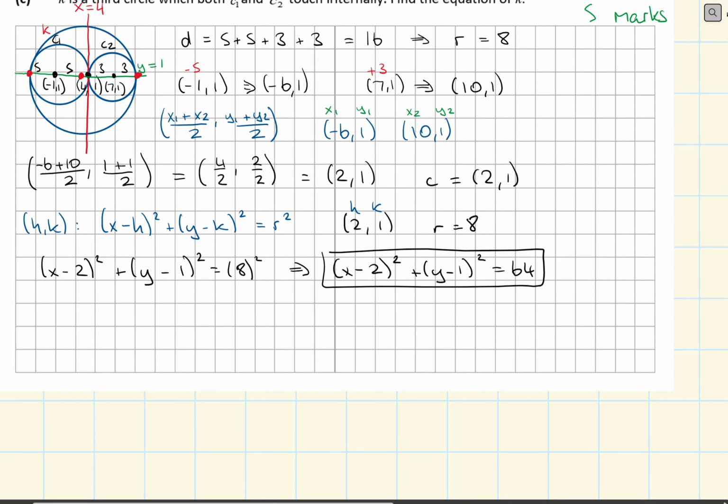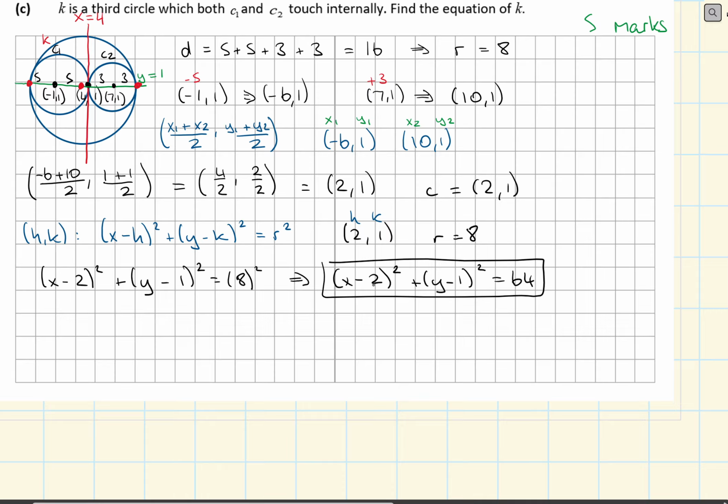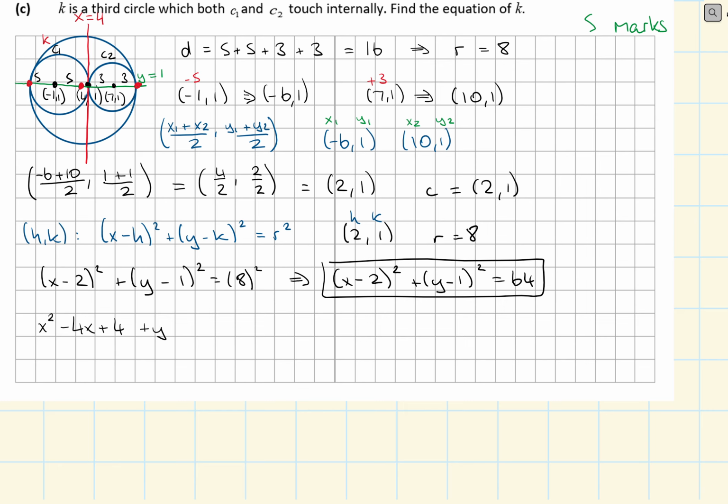Now, if they had asked us to write it in the form of a g, f and c circle, well, we'd just take this here and square it out. So we'd get x squared minus 4x plus 4 plus y squared minus 2y plus 1 is equal to 64.